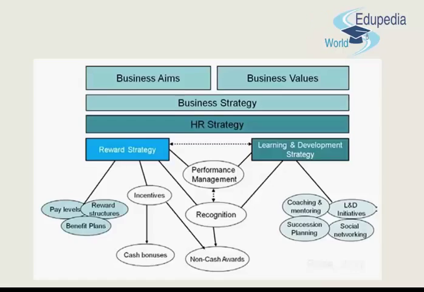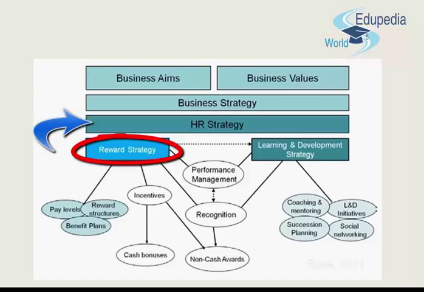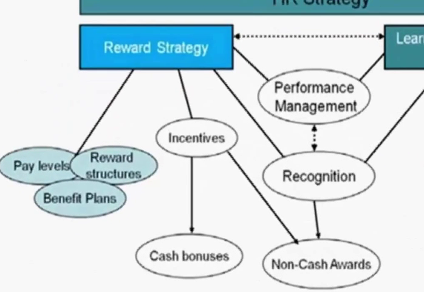Let us take a careful look at the diagram again, wherein the reward strategy is shown as a part of HR strategy, and pay levels, benefit plans, reward structures, incentives, cash bonuses, performance management, recognition, and non-cash awards are all linked to the reward strategy.